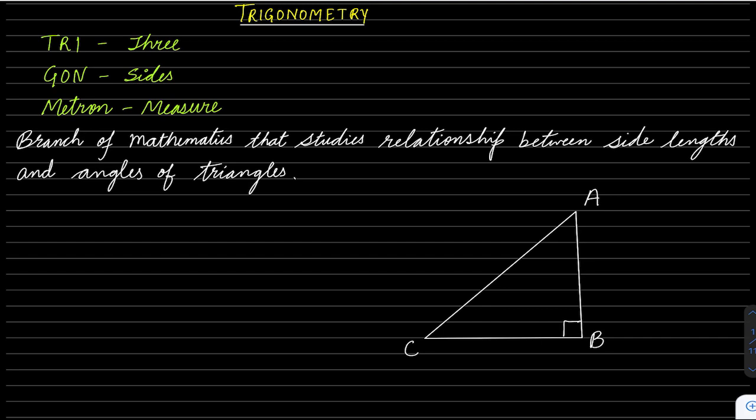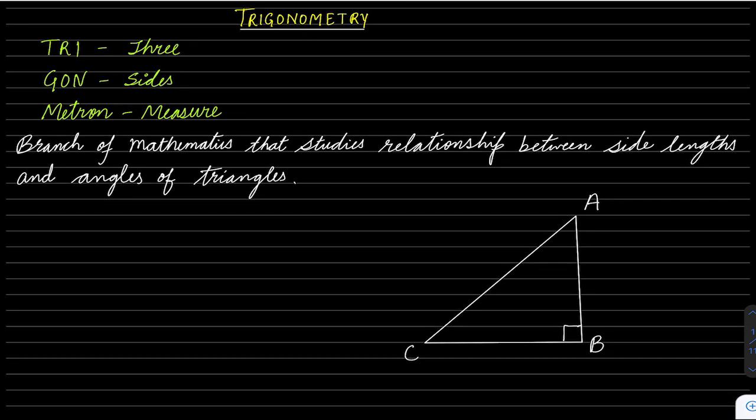Now today we are going to see trigonometry for beginners. Okay, so first let's understand what is trigonometry. Trigonometry basically consists of three words. Tri means three, gon means sides you can say, and trigon combined means triangle.